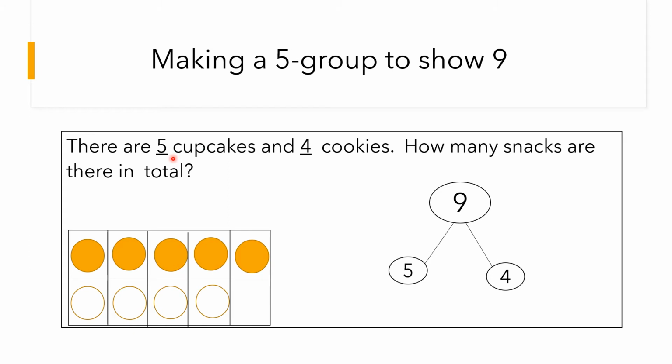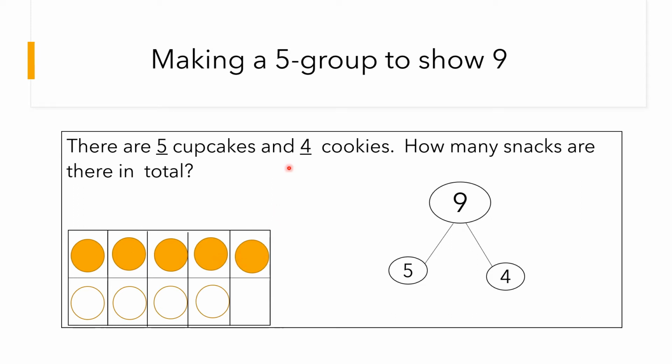Me too, kindergarten. I heard the number 5 and the number 4. So that means we're going to put those numbers in a 5 group. Let's start with the biggest number first. There were 5 cupcakes. 1, 2, 3, 4, 5.